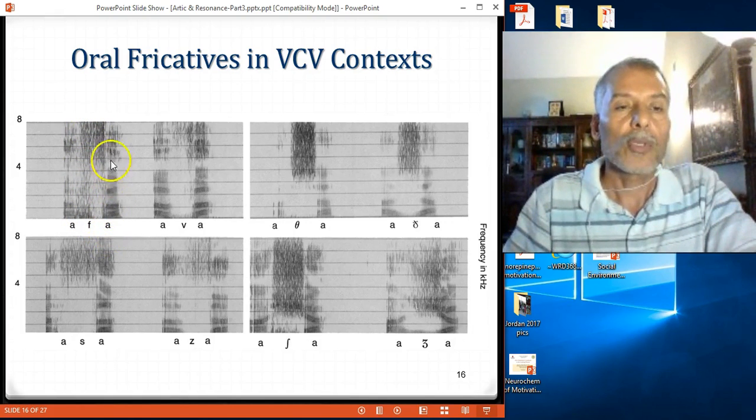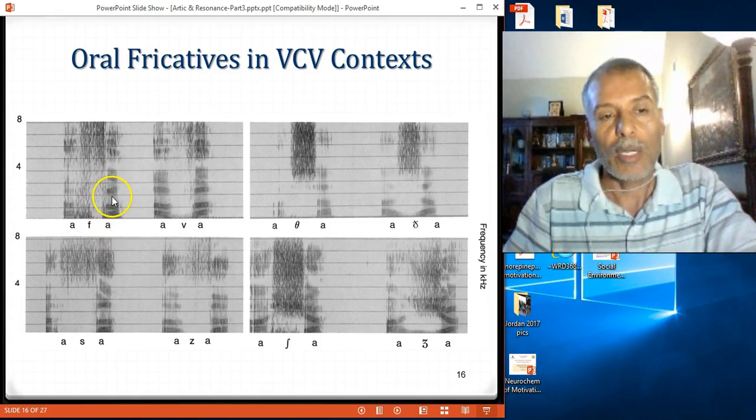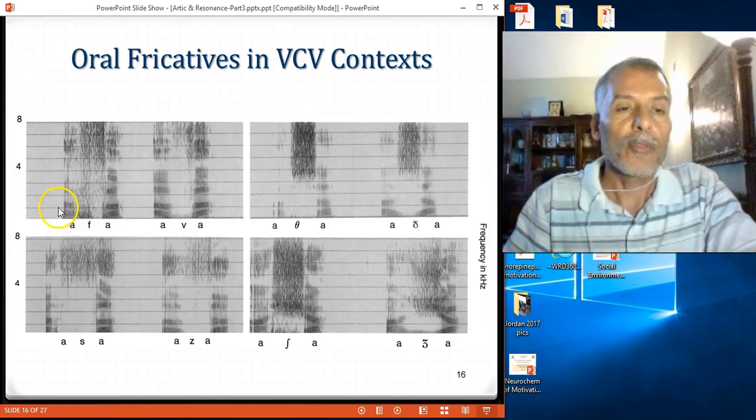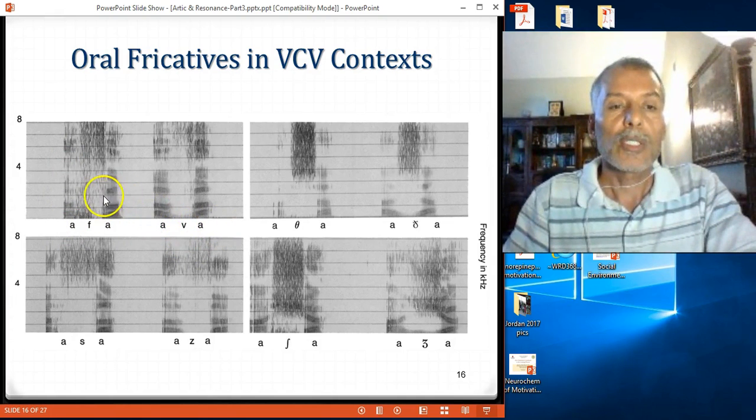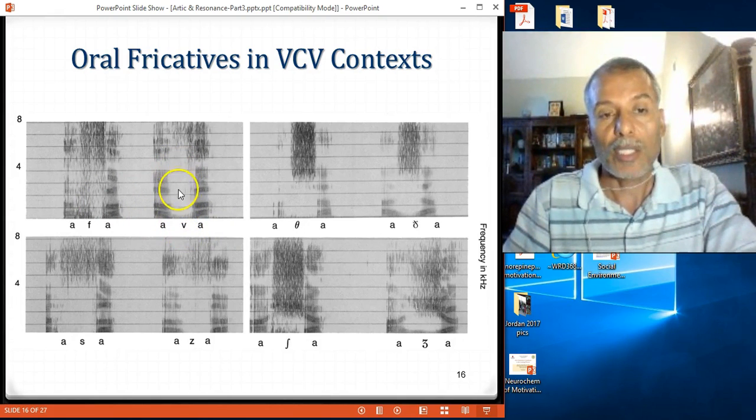Va has less noise, because it has some periodic pure tones from the vocal folds. Tha also has less noise.